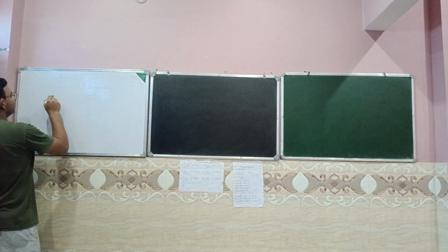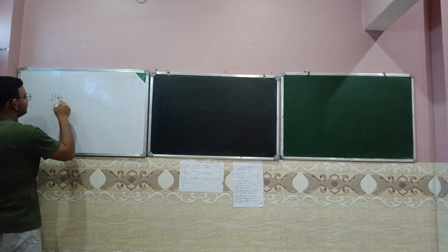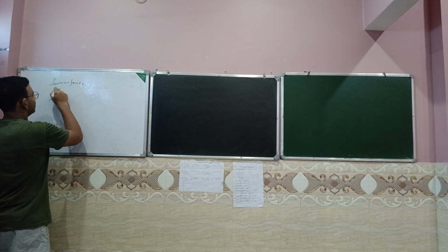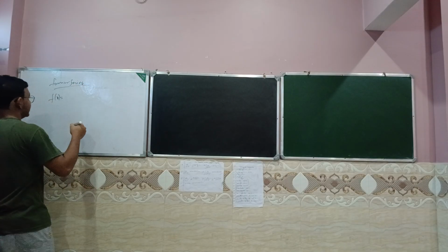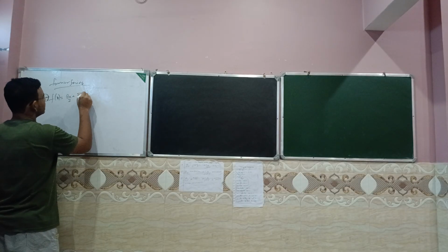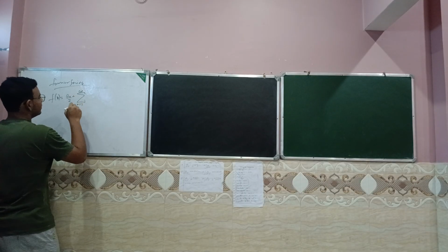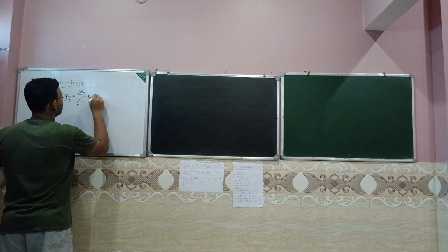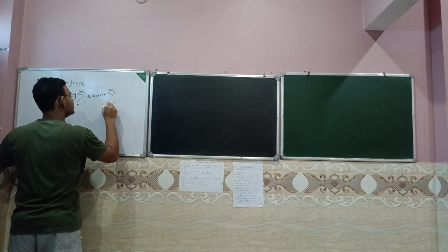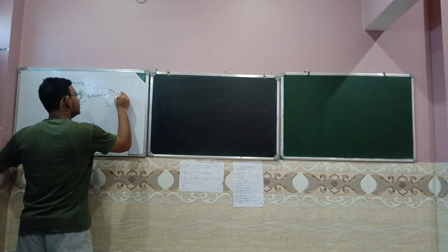So we have f of x, which can be anything, x squared or anything. f of x equals a naught over 2 plus the sum from n equals 1 to infinity of a n cosine nx plus the sum from n equals 1 to infinity of b n sine of nx.